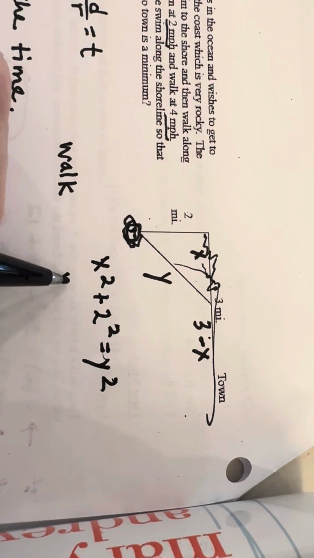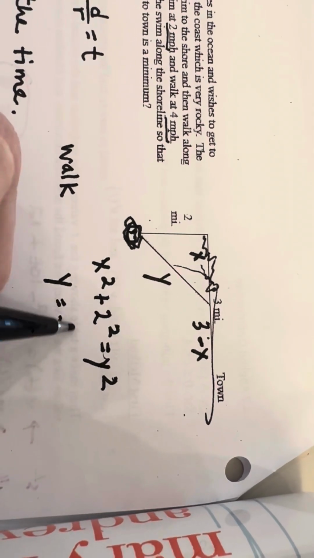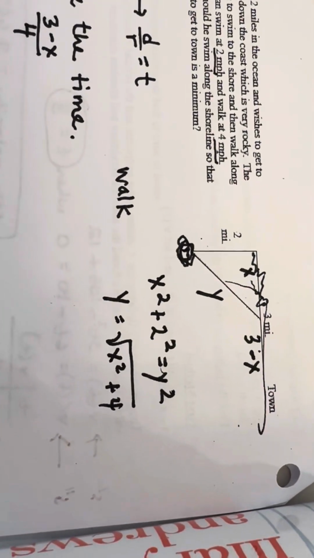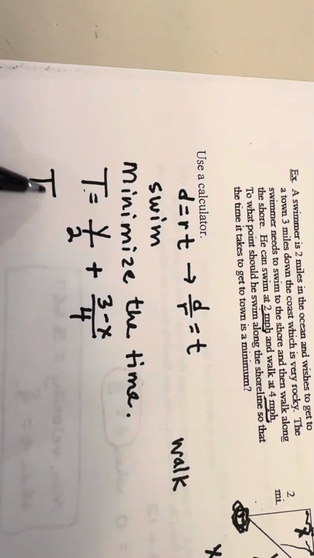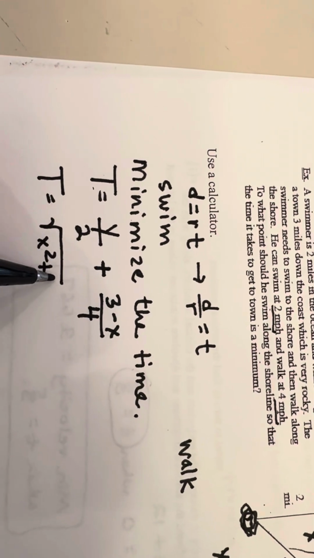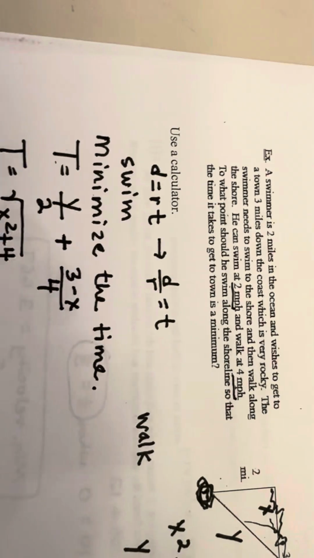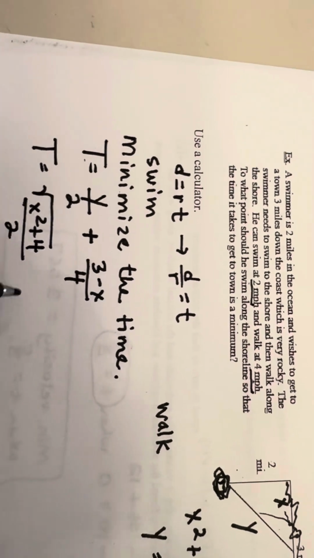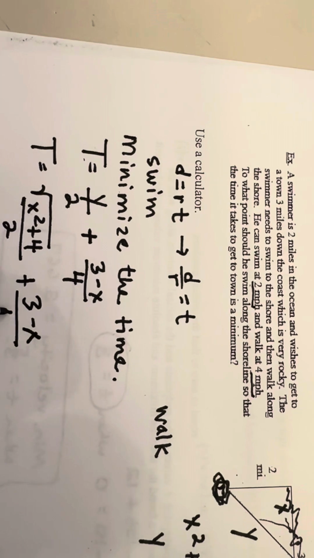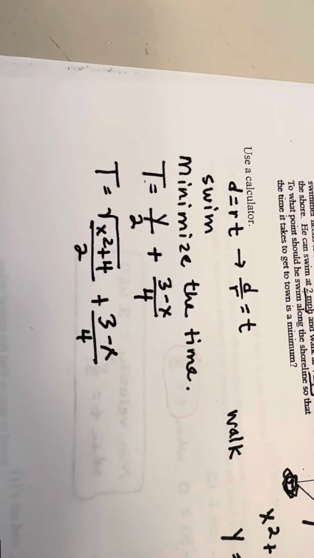That means y is equal to the square root of x squared plus 4. We take that and plug it into our time function, and that's now over 2. Now we have one formula in terms of time, and this is what we will differentiate, okay?